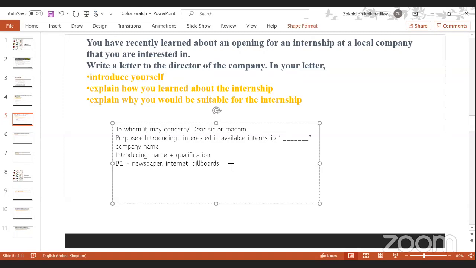Next one, explain why you would be suitable for the internship. Explain why you are the best one, best of the best. Maybe because you love this job. Okay, first you have to say that you are in the same field. For example, the internship they are hiring for is for an accountant, and you study at the University of Economics. So it suits, first of all. You are interested, maybe you are a graduate.